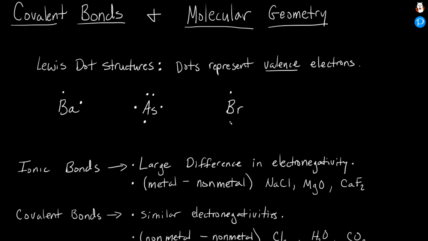So 1, 2, 3, 4, 5, 6, 7 valence electrons. Now this is going to be important when we're writing out our Lewis dot structures for the molecules that we want to do. So right here, this is just a Lewis dot structure for one element, but we're going to need to use this when we start making covalent bonds.